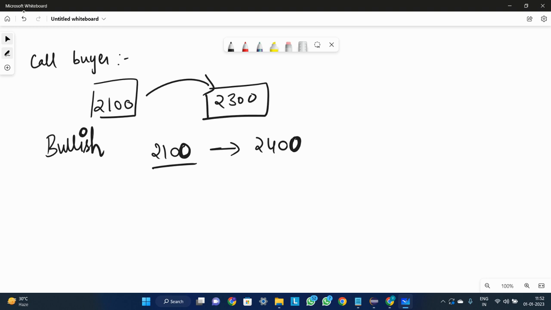So will he exercise his option? Obviously he will exercise his option, because this 2300, which I called the strike price, is the minimum price at which the buyer is going to exercise his option. Strike price, right? It's a minimum. But 1 month from now, so this is like a 1 month leeway period, this is what he expects. This is the expected price.